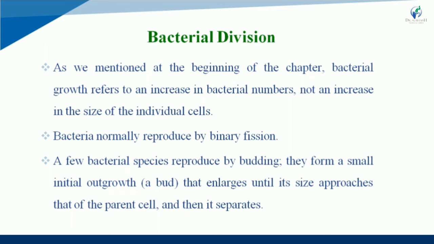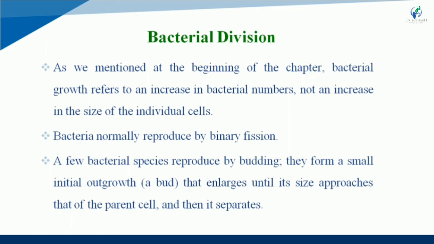So a few bacterial species reproduce by budding, and they form a small initial outgrowth called a bud that enlarges until its size approaches that of the parent cell, and then it separates.